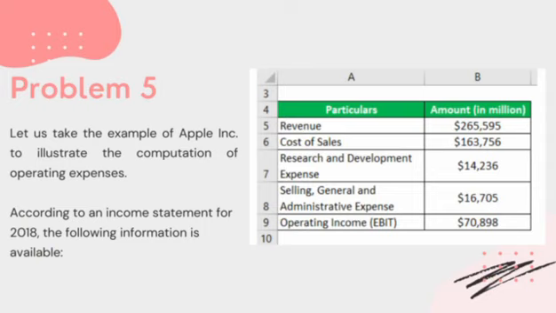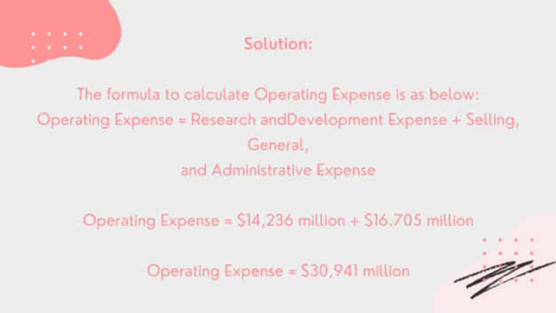Under particulars, we have revenue, cost of sales, research and development expense, selling, general and administrative expense, and lastly the operating income. In problem number 5, it is very easy to compute the operating expense because we just need to add the research and development expense and the selling, general and administrative expense.